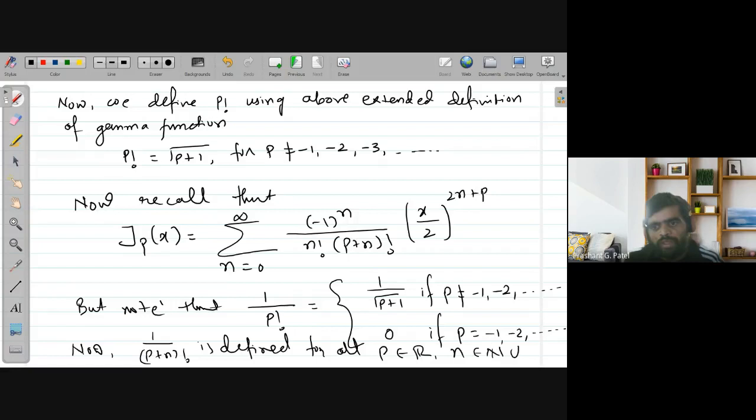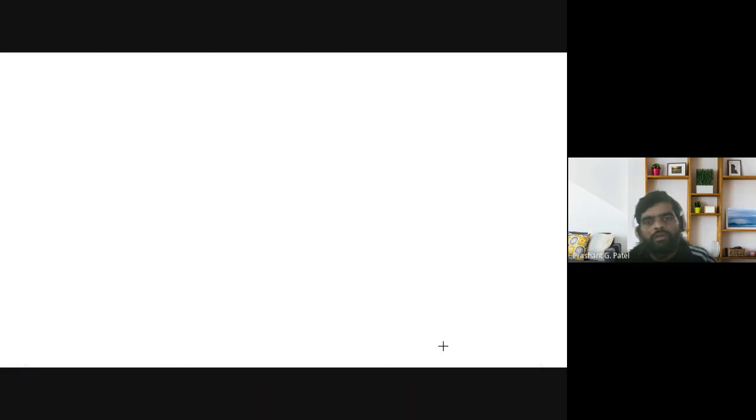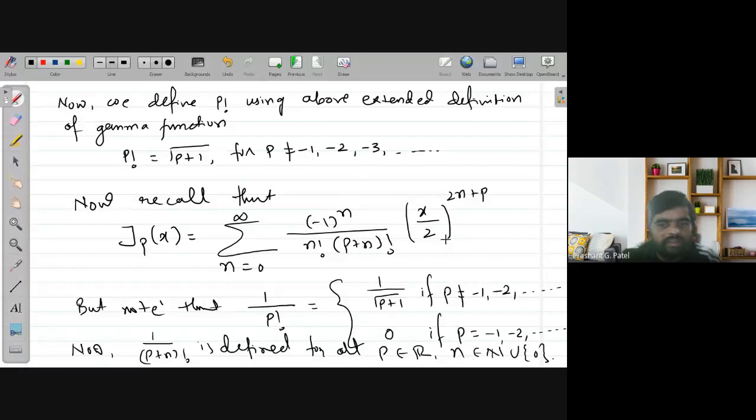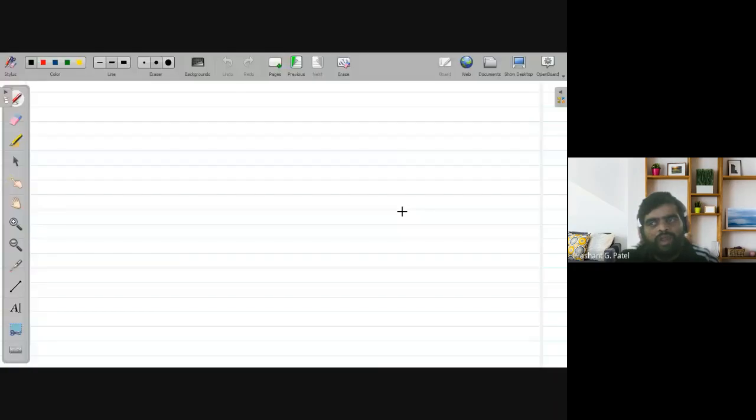So now this Bessel's function is defined for all values of p, greater or less than whatever value you choose. Now our next interest is to see what the properties of this Bessel's function are. With regard to that, we have the first result.